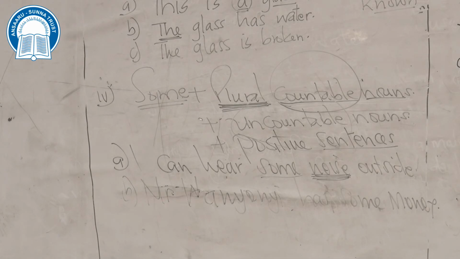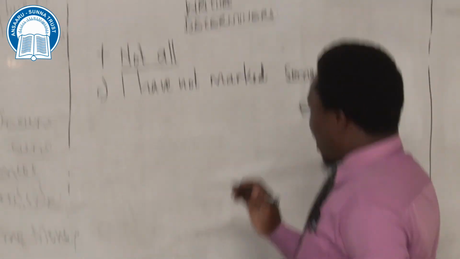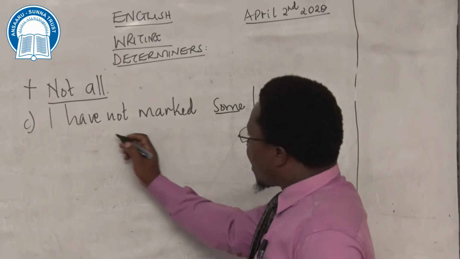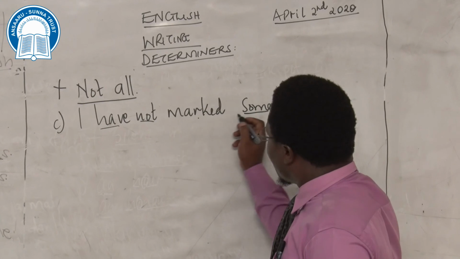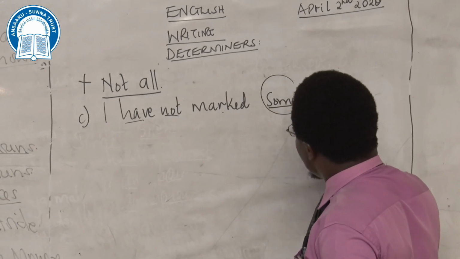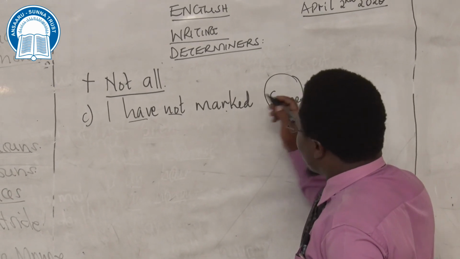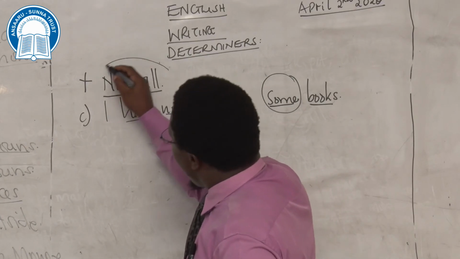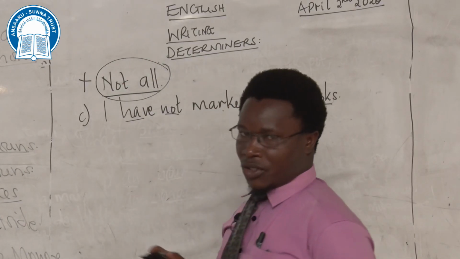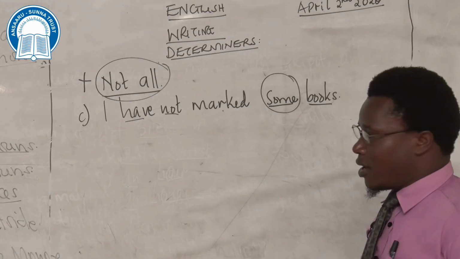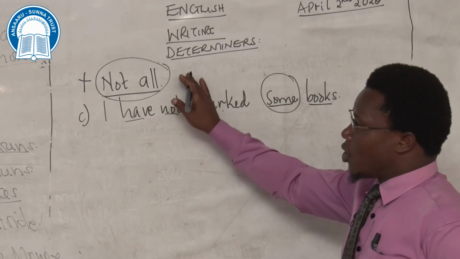It does not mean that the entire class didn't collect the books. The class collected books, but not all books had been collected for marking. That's why the teacher is complaining that he has not marked some books. "Some books" does not mean all the books. So "some," viewers, is used to mean not all.